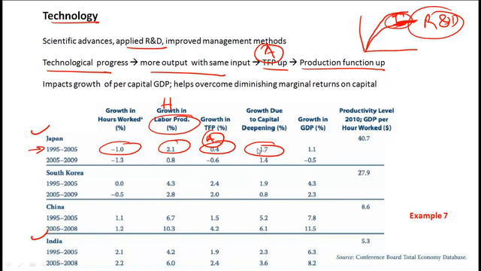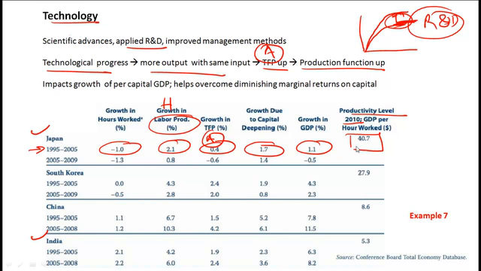Now collectively these items contributed to a 1.1% growth in GDP. The total productivity level in 2010, which is essentially the GDP per hours worked, is very high. It is $40.7. So effectively what that means is that for every hour that a Japanese worker works on average, the output is worth $40.7.